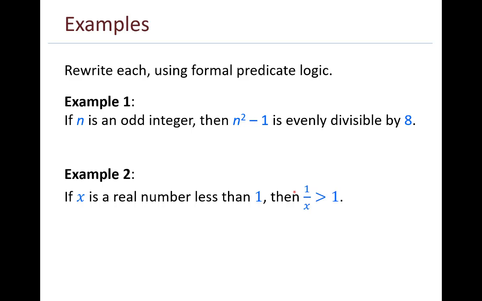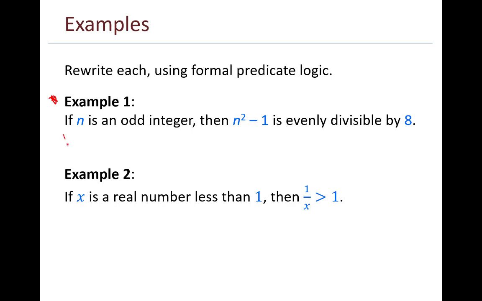All right, rewrite each of these using formal predicate logic. How might we put these into some kind of logical symbolism? Example 1. If n is an odd integer, then n squared minus 1 is evenly divisible by 8. Well, this is essentially the example that was just on the previous slide.